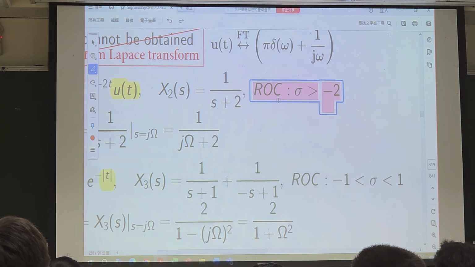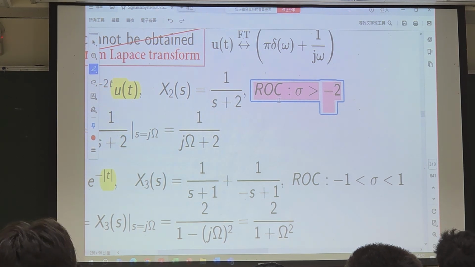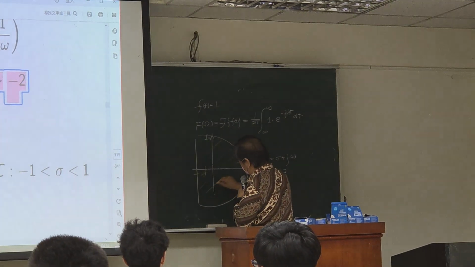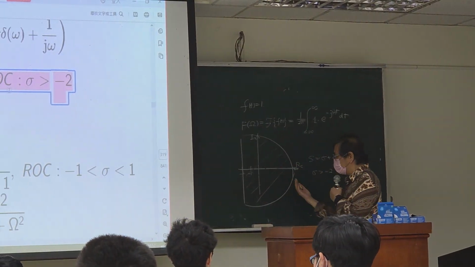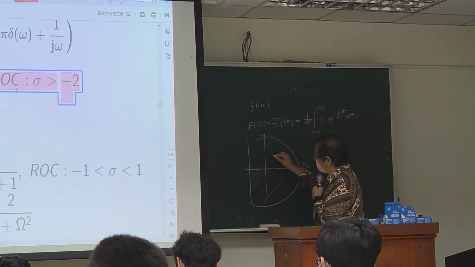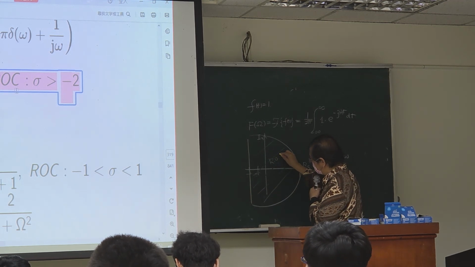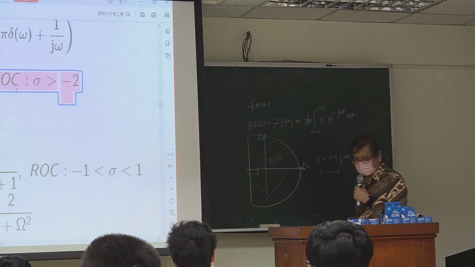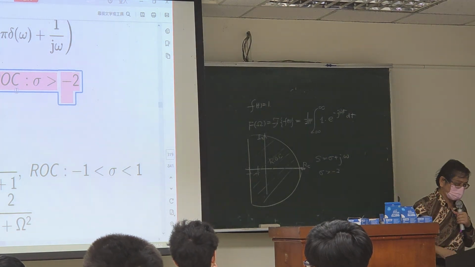Negative 1, negative 2. This is real part, and this is imaginary part. So here, the entire half plane to the right of negative 2 is the region of convergence of 1 over s plus 2.